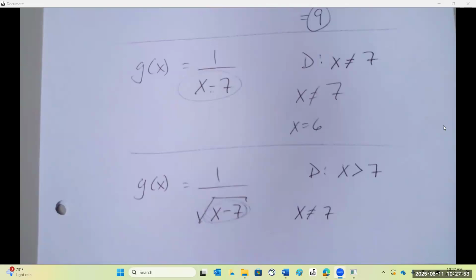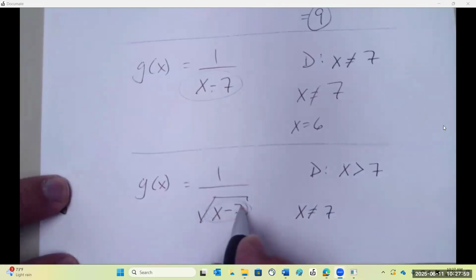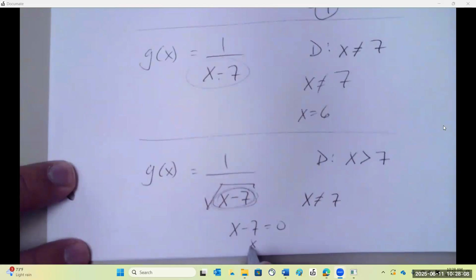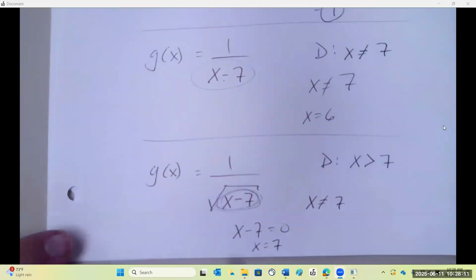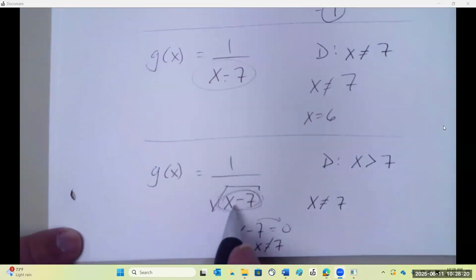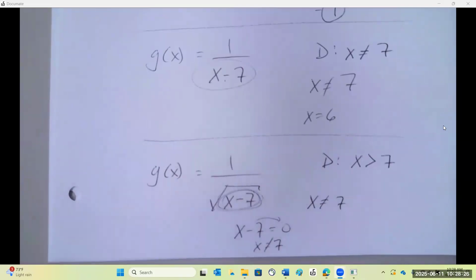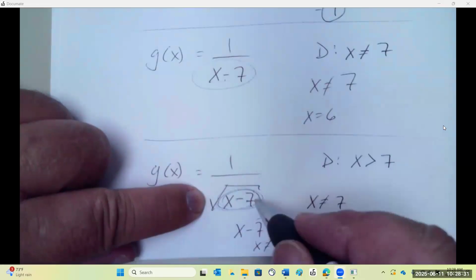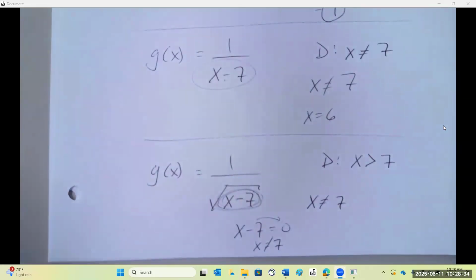So what would make this equal to 0? x equals 7. So it's x minus 7 equals 0. Move the 7 over there because it's positive. So x cannot be positive 7 because it makes it 0. But it cannot be anything smaller than 7 because it'll make it negative. So you have to look at the whole equation, not just inside there. It's on the bottom, so it cannot be 0, and it's inside the radical, it cannot be negative.